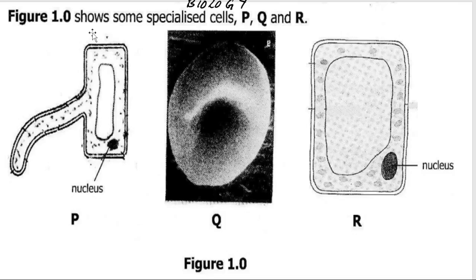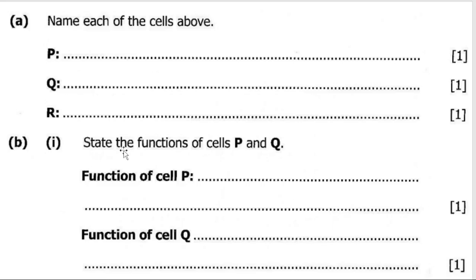I've got three specialized cells, as the question is saying. Figure 1.0 shows some specialized cells P, Q, and R. Like I said, you have to be able to know that each specialized cell is which. These three specialized cells have features that enable us to know them. Before we do anything, let's check the question.